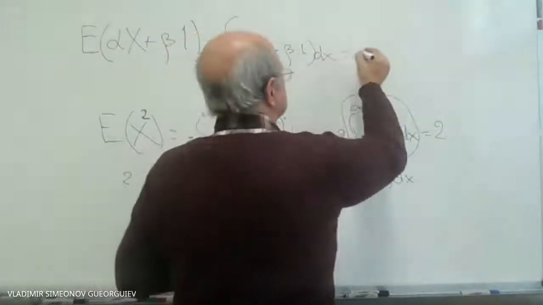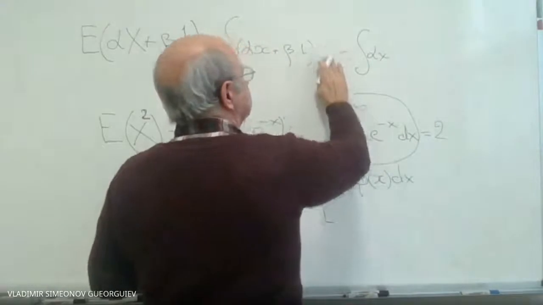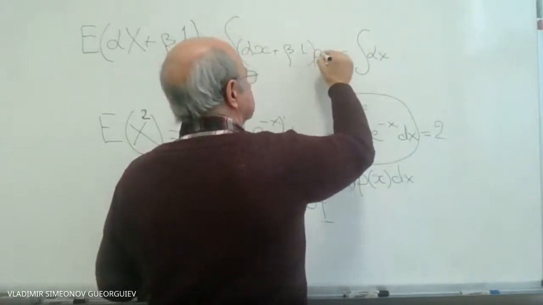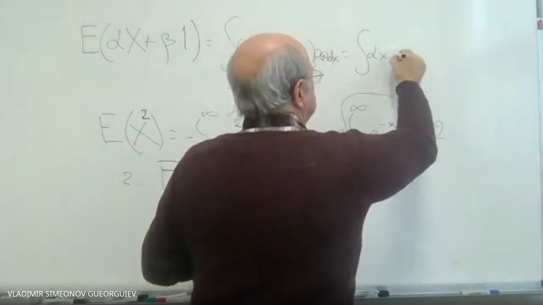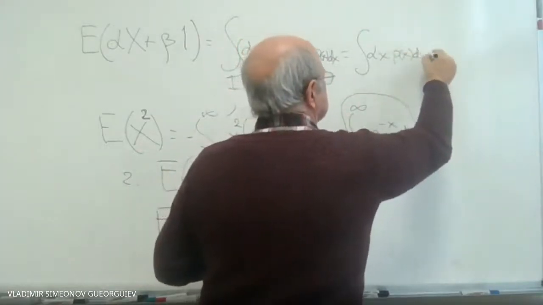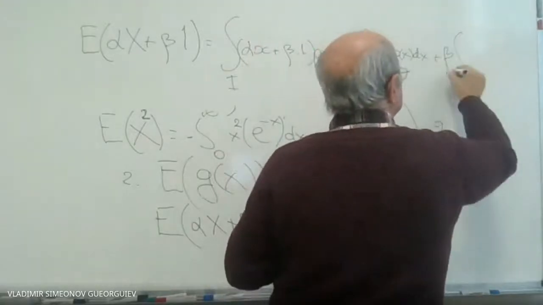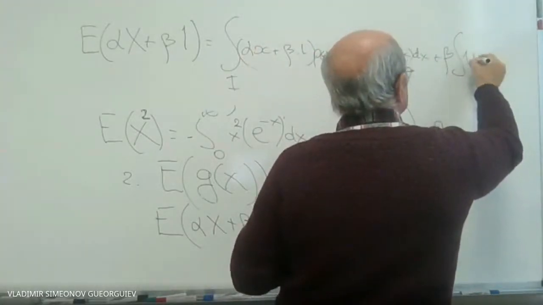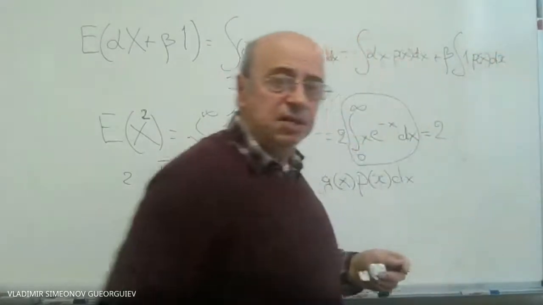Therefore, I can write the integral of alpha x px dx plus beta times the integral of 1 px dx.